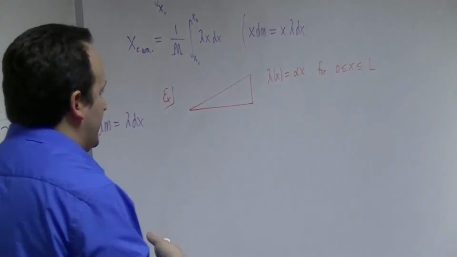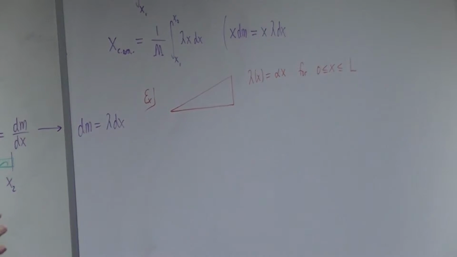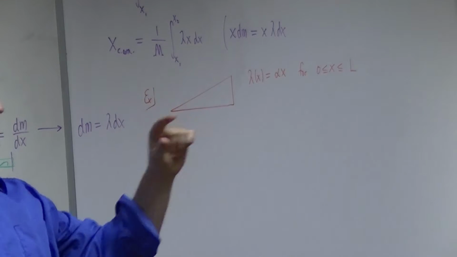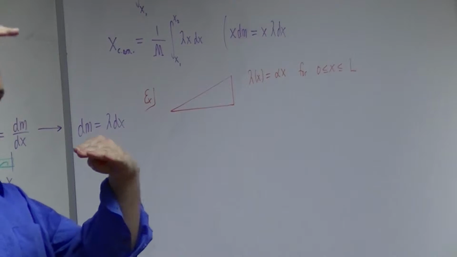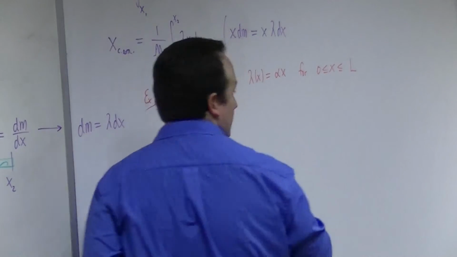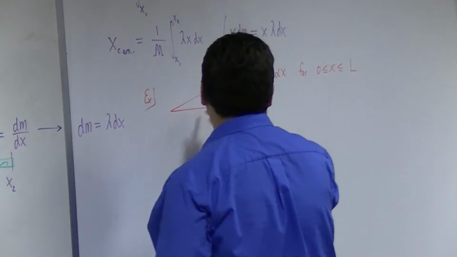This is a naive model for something like a needle. It goes to an infinitely sharp point and then gets bigger. It's a wedge. So you can ask, what's the center of mass of such a thing? First of all, what's the total mass?